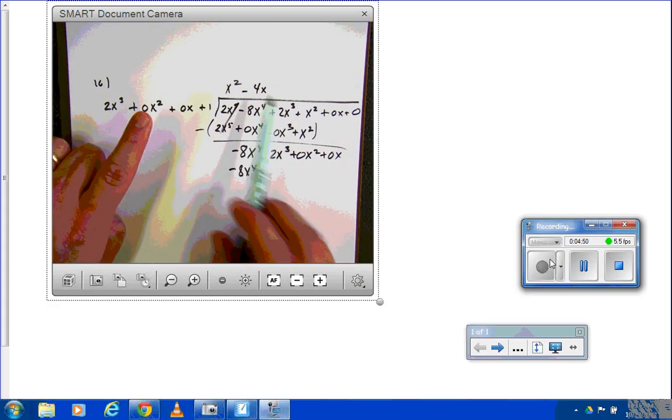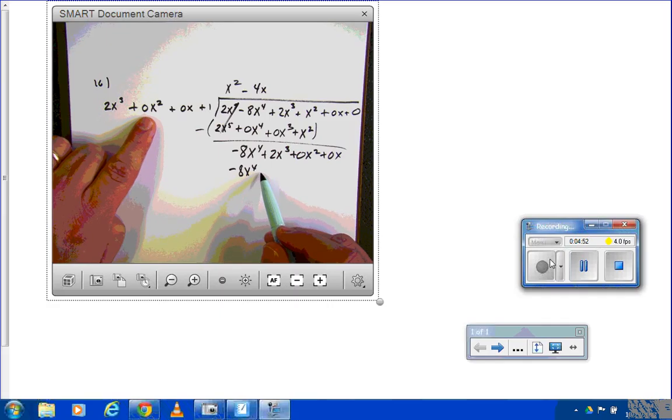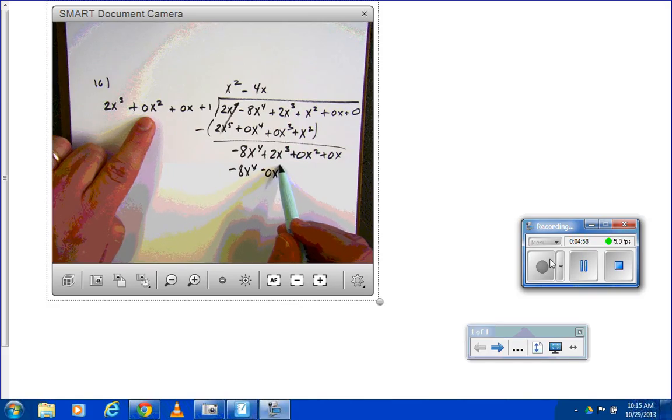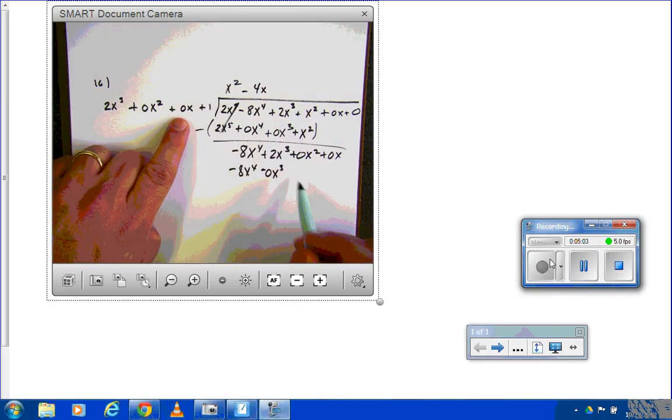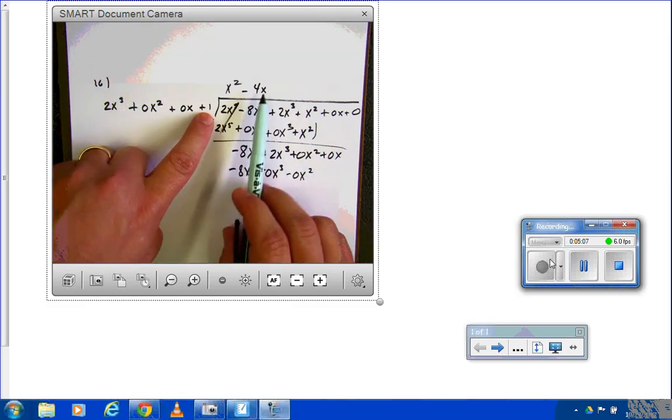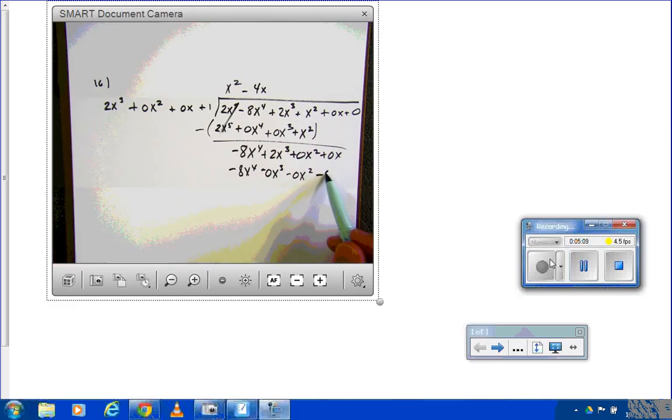Negative 4x times 0x squared would be negative 0x cubed. And then negative 4x times 0x would be negative 0x squared. And then negative 4x times 1 is negative 4x.